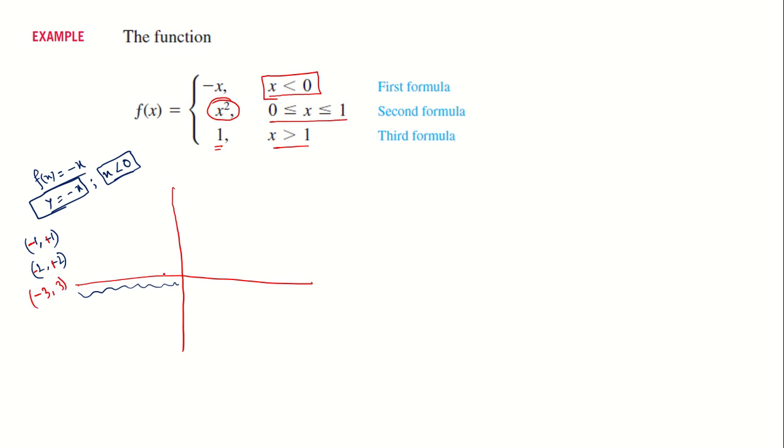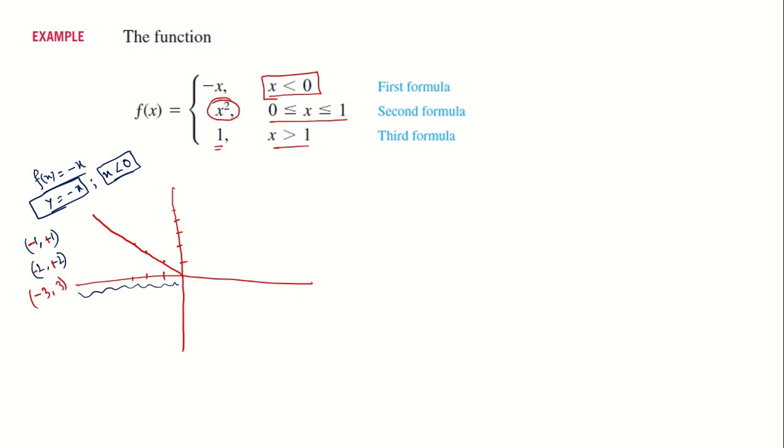So 1, 2, 3. That means x is negative 1, and y is 1, then this point, this point. That means we will have a straight line, just like this.